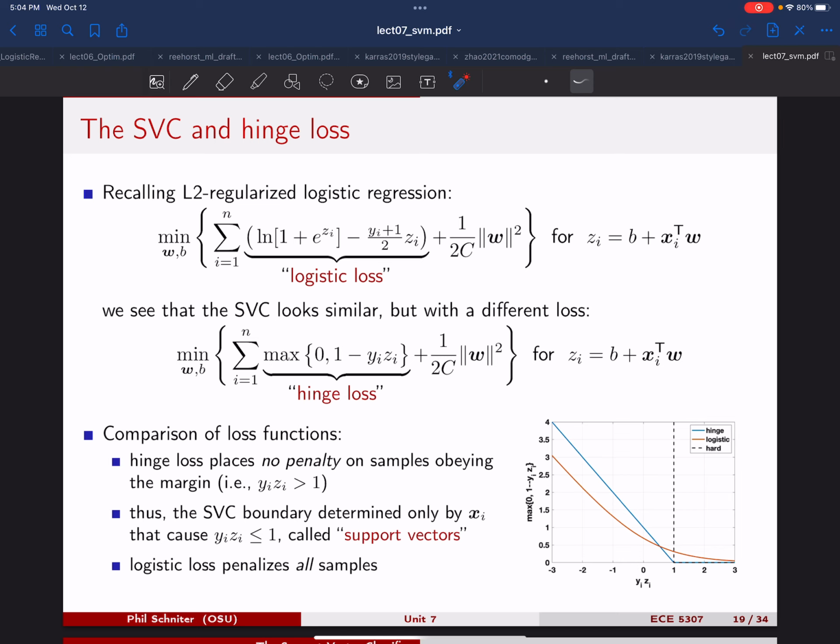That's what the SVM will do. The focus is on just the hard ones, and it doesn't get distracted by all the easy ones. And those hard ones, the ones it's going to use, are called the support vectors. In terms of an equation, those are the ones whose sign-corrected score is less than or equal to 1. Okay, so that's a way of connecting SVC to something that we're already familiar with.